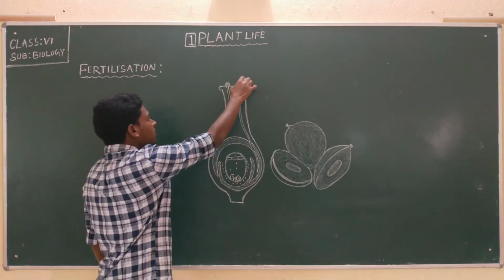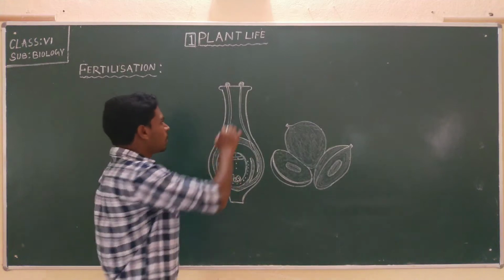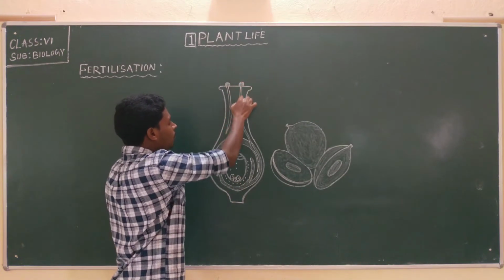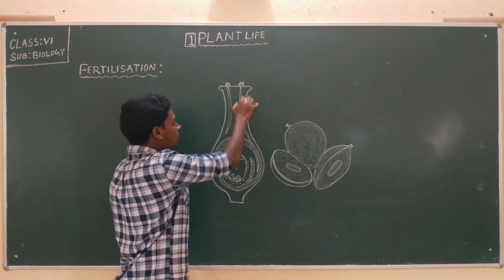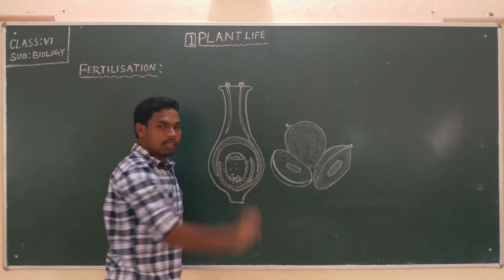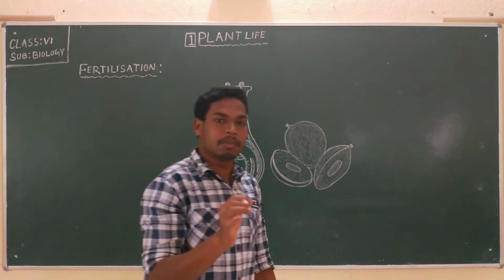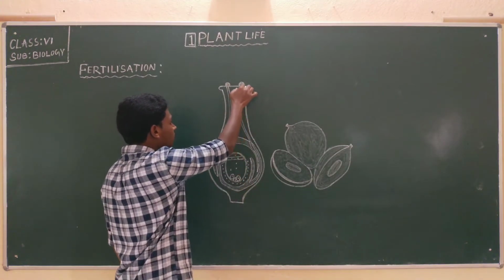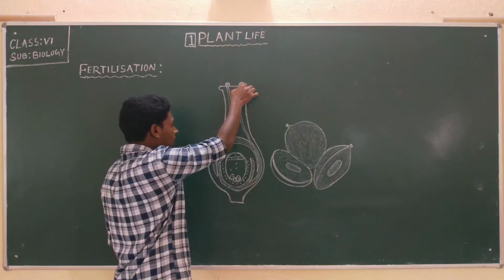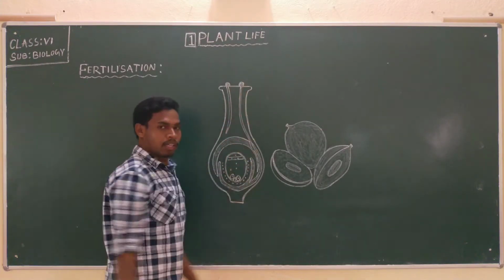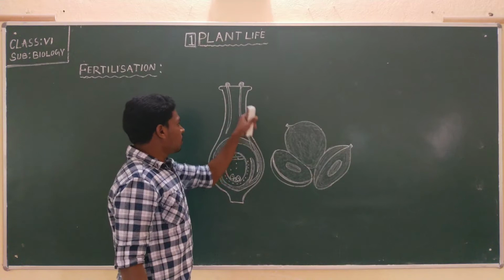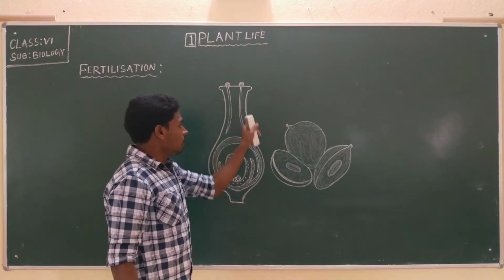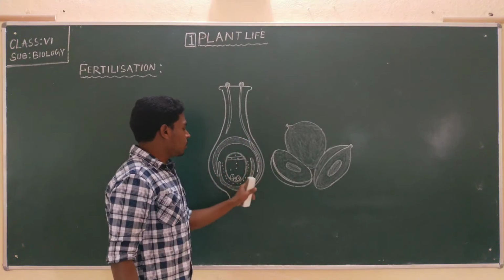Then this pollen grain, which is present on the stigma, will generate a pollen tube. This pollen tube runs all along the style, through the style, and reaches the ovule.